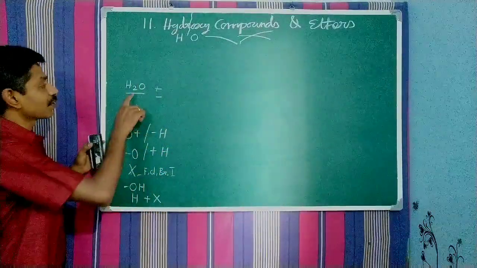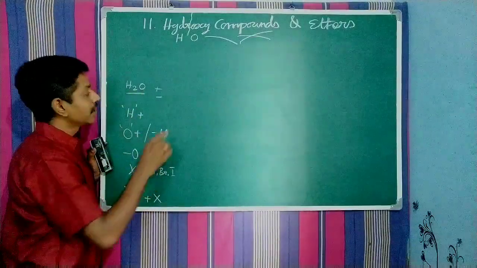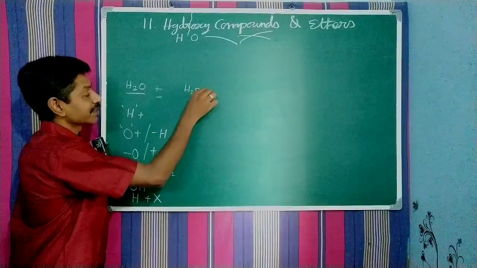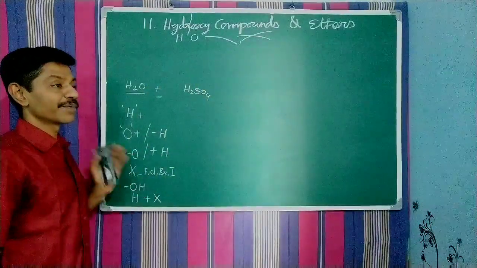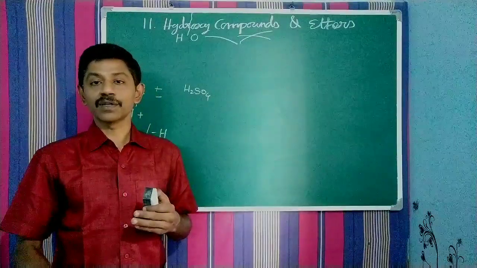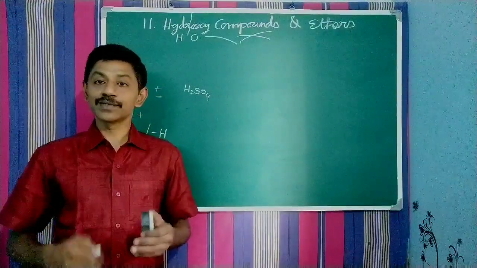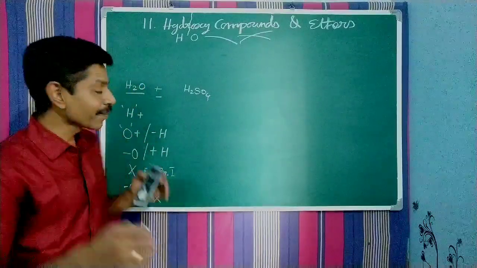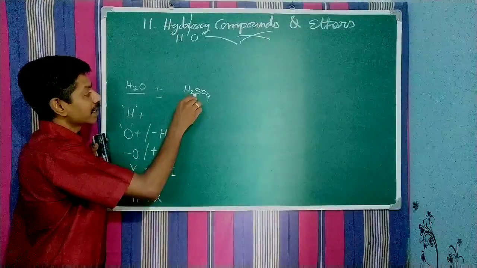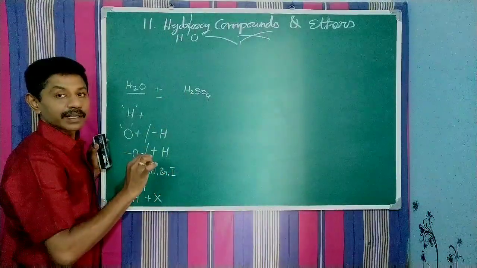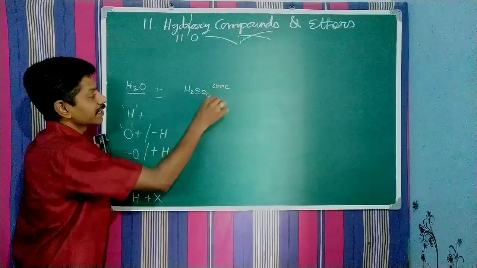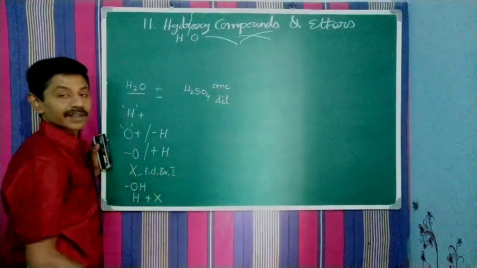For example, if you want to add water, what will be the reagent? Some boys may ask, sir, reagents are my problem, which reagent has to be added? Whether I have to go for concentrated sulfuric acid or dilute sulfuric acid. If you know the basics, it's all very simple. Sulfuric acid is the same, but it is available in two forms, concentrated or dilute.